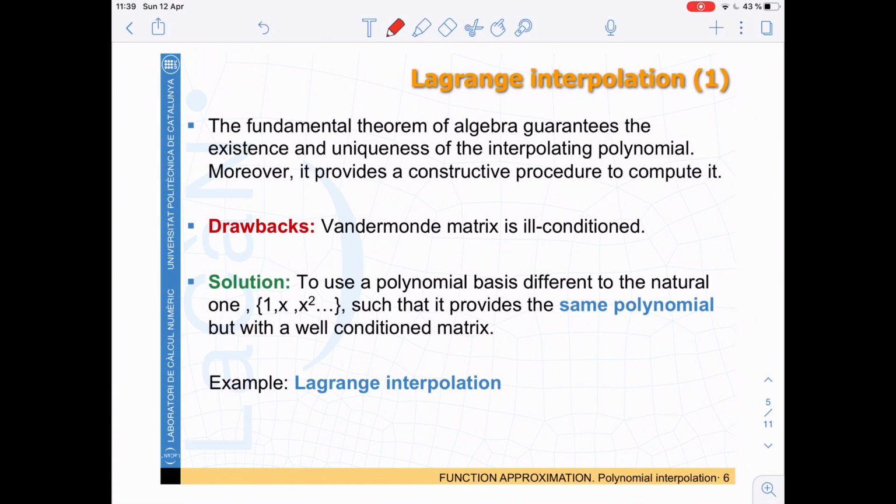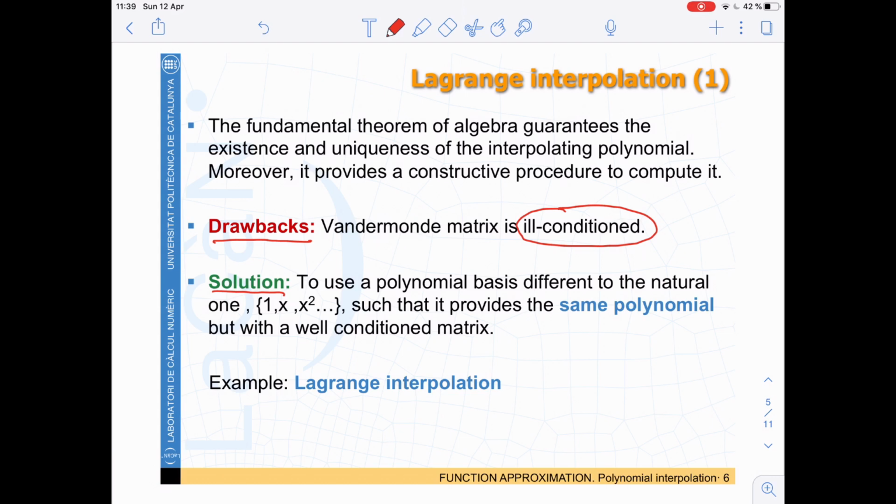The only drawback of the approach just presented is that the Vandermonde matrix is ill-conditioned. A possible solution to this problem is to change the polynomial basis.